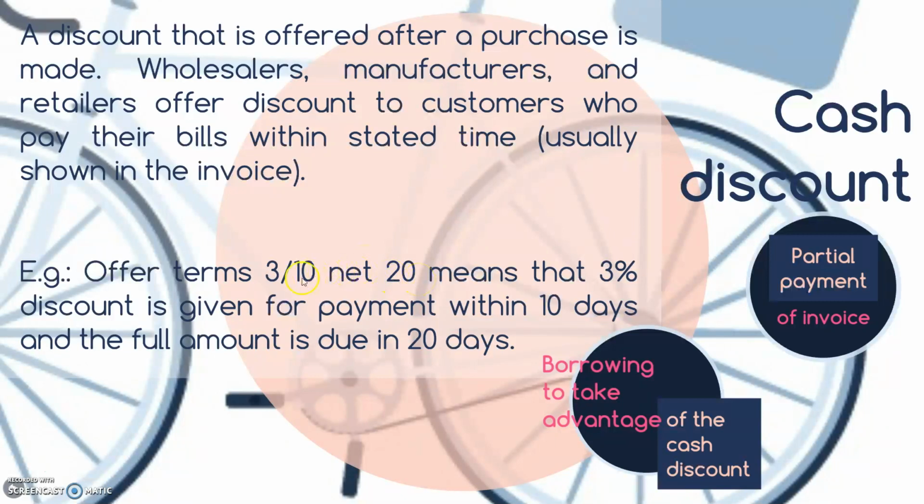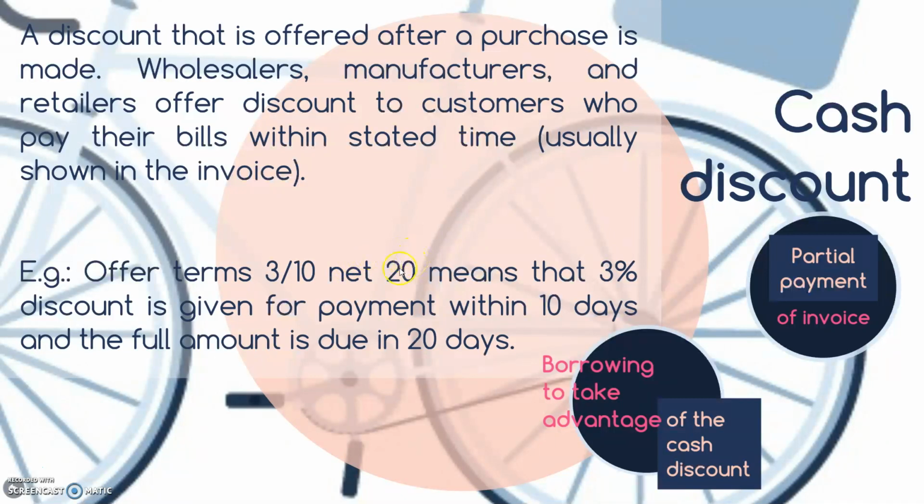Meaning that if you pay in 10 days, you will get 5% discount. If you pay in 15 days, you will get 3% discount. I said it upside down earlier, so actually it is 5/10 and 3/15. There is more logic: if you pay in 10 days, you will get 5% discount, and if you pay in 15 days, you will get 3% discount.